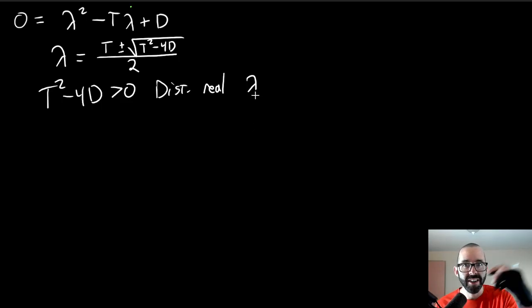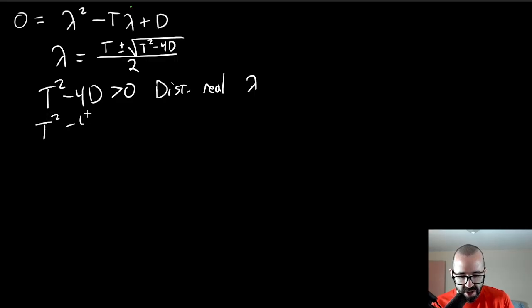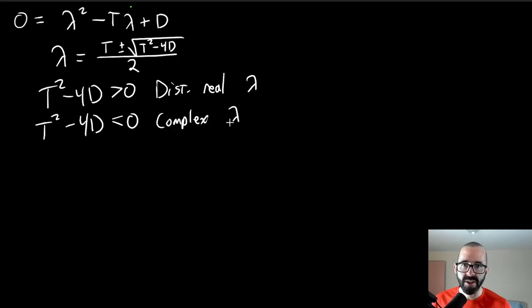That's going to be good information about qualitative behavior. And of course, if it's negative, then we have complex eigenvalues. We'll have a spiral sink or a spiral source. And if it's 0, something very interesting happens as well. We get repeated real roots.